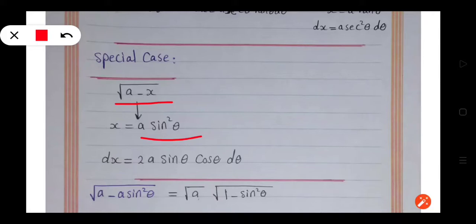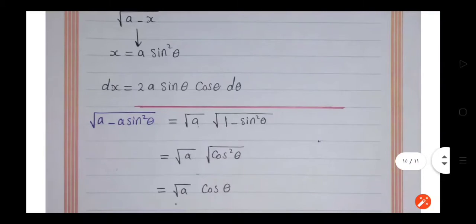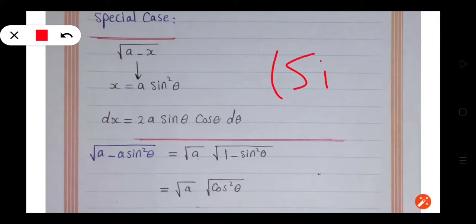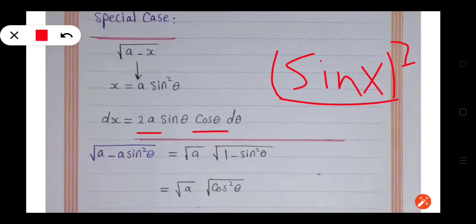If we have x squared, we put sine. If we have x, we put sine squared. That means that we can cancel the square root. And dx now will equal 2 sine theta cosine theta d theta. Also its function now is theta, and the derivative for the function inside the brackets is cosine theta d theta.